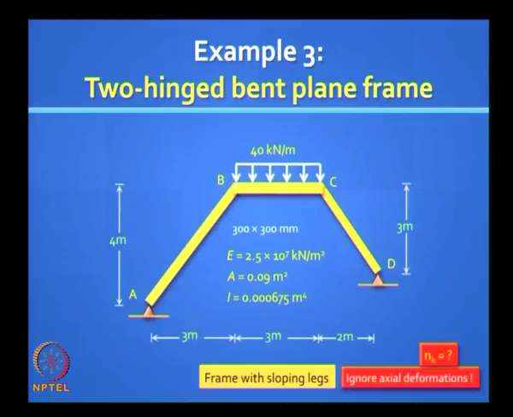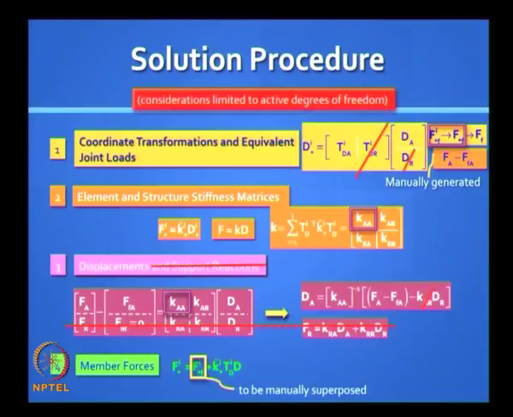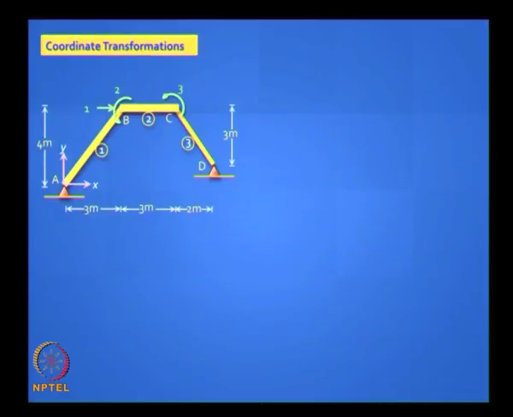Okay, that's a major reduction. Okay, the method of solving is, as we have discussed earlier, the steps are the same, plus we take advantage of the fact that we limit the considerations only to active degrees of freedom, because we can always get the support reactions at the end from the free bodies. So let's do this problem.